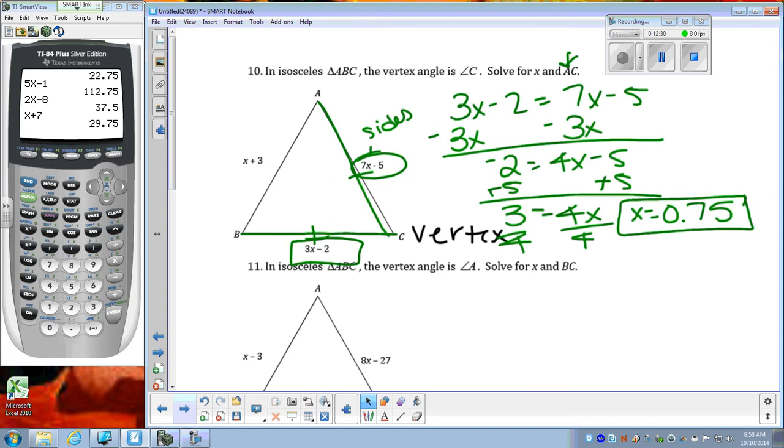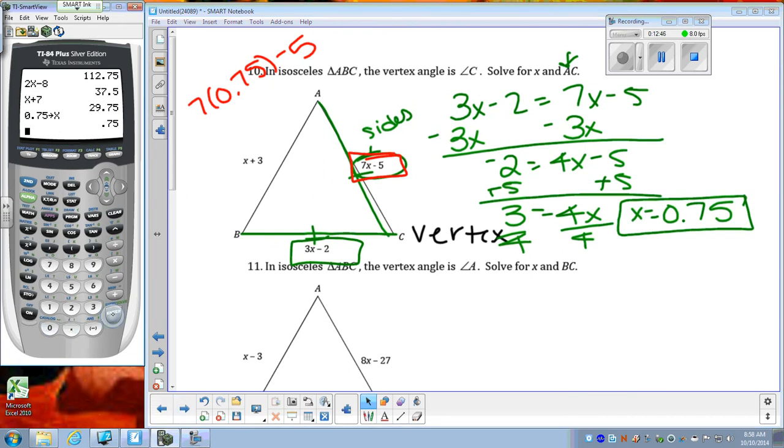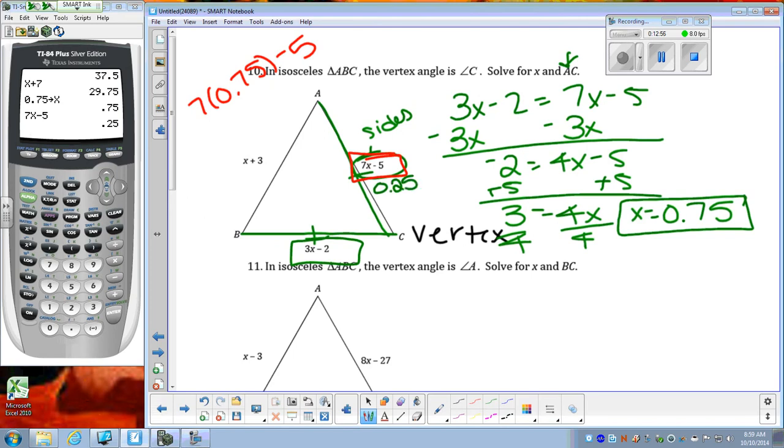So for AC, I need to plug x into 7x minus 5. Again, I'm going to use my calculator and use my store button. 0.75 store x, and then 7x minus 5. I get 0.25 for AC. So there's my answer.